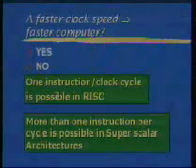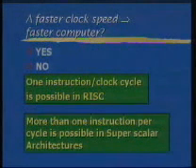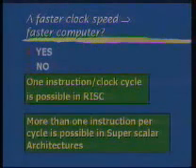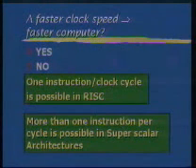Those kinds of processor technologies are already in the market, and we call them superscalar architectures. The objective of superscalar architecture is that it executes more than 1 instruction per clock cycle. How can it achieve it?